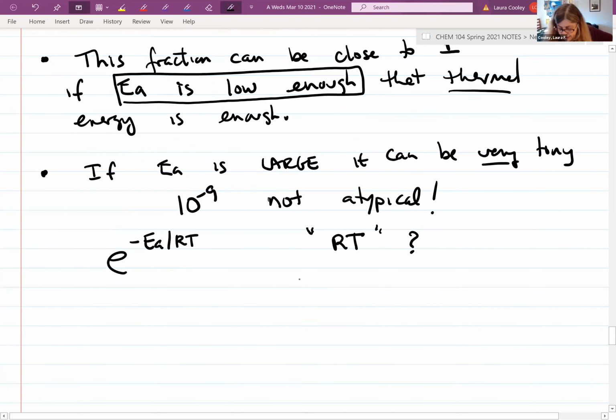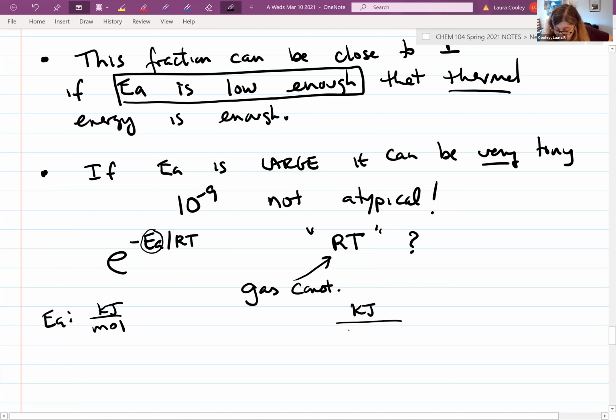Well, R is the gas constant, but you can't use it in just any units. This activation energy is generally given in kilojoules per mole, okay? So this R has to be in kilojoules per mole Kelvin, so that R times T would have these units. Kilojoules per mole Kelvin times Kelvin will give you kilojoules per mole.